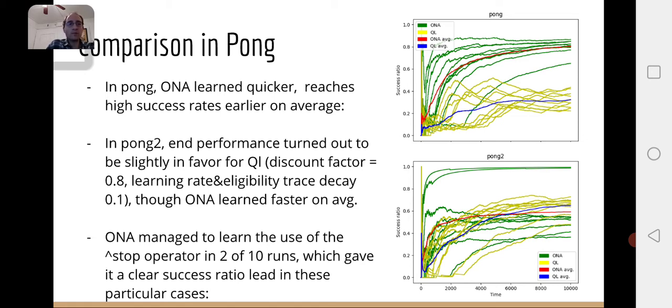I have tried this with two variants of Bang. The first one, even though the reinforcement learner in the end got similar success ratios, it needed like 20 times as long.